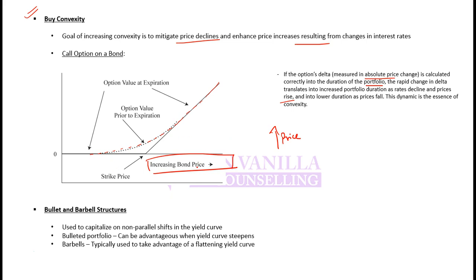So if the bond price is increasing, then the increase in bond price would mean there are higher chances of the option being exercised, right? Why? Because a call option is exercised when price is higher. So if price is increasing, there are more chances of the option being exercised, and that means option value is higher.